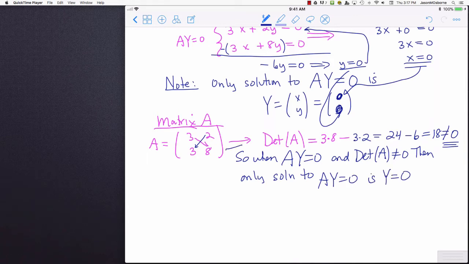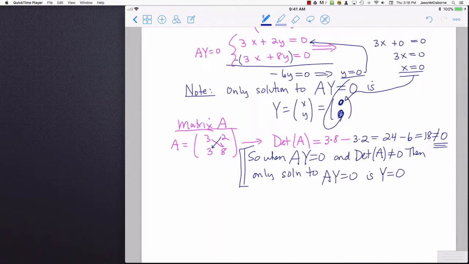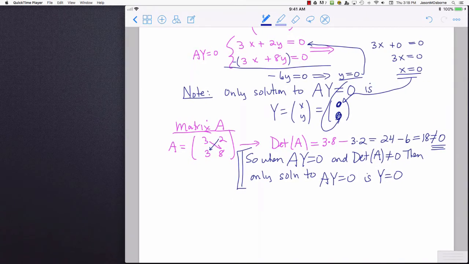This is a very important result, which tells us how the determinant and systems of equations are related to each other.